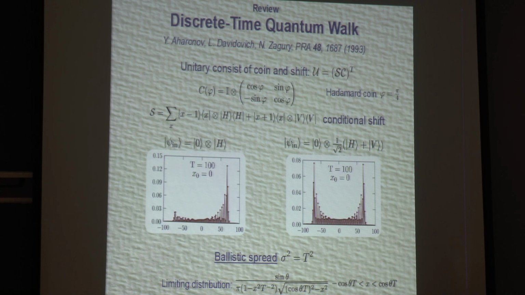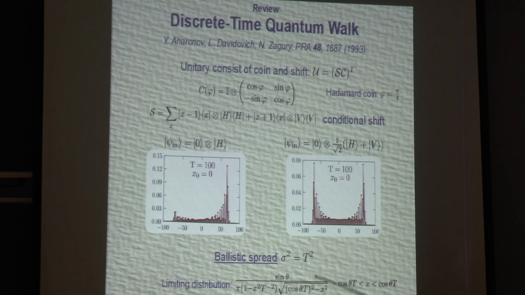Thus, it may happen that we end up in a non-symmetric distribution, but by choosing cleverly the initial coin degree of freedom for the walker, we restore the symmetric distribution. These two pictures show the probability distribution of final positions of the walker in the one-dimensional graph after 100 steps, providing that the walker started in the middle of the line.